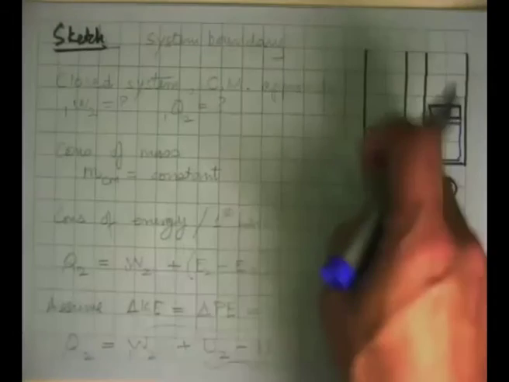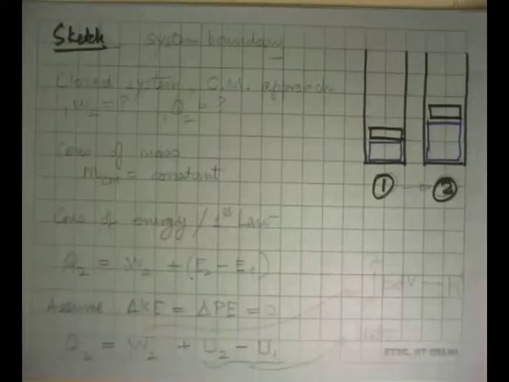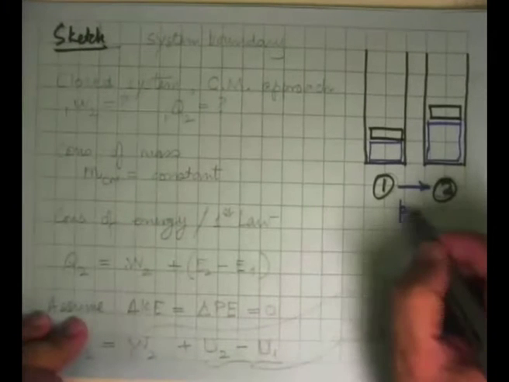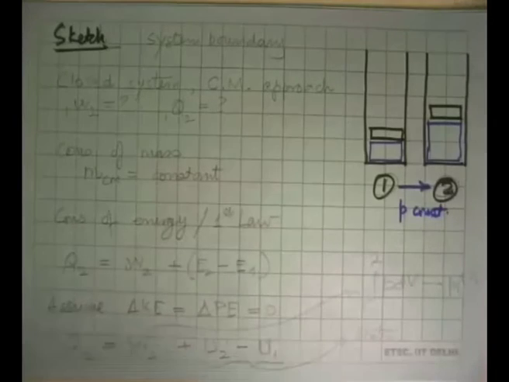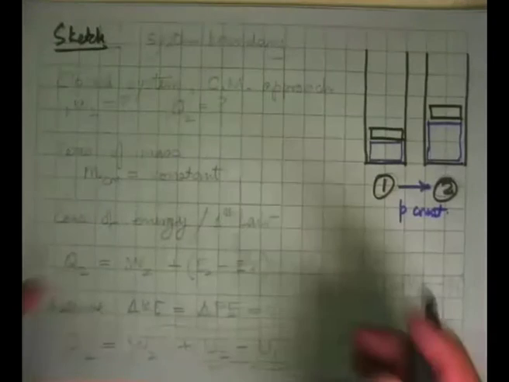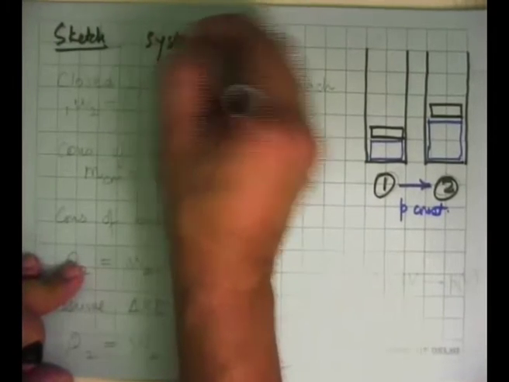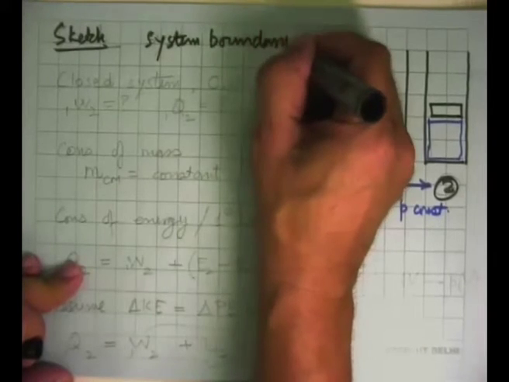The system includes all the substance which is enclosed in this arrangement, excluding any of the metallic parts or any other parts that are there. So this is what it is, and we are going from state 1 to state 2 at constant pressure. And to do that, we know that we'll have to heat it, and then this will go. So the first step was to define the system and get the system boundary correct.